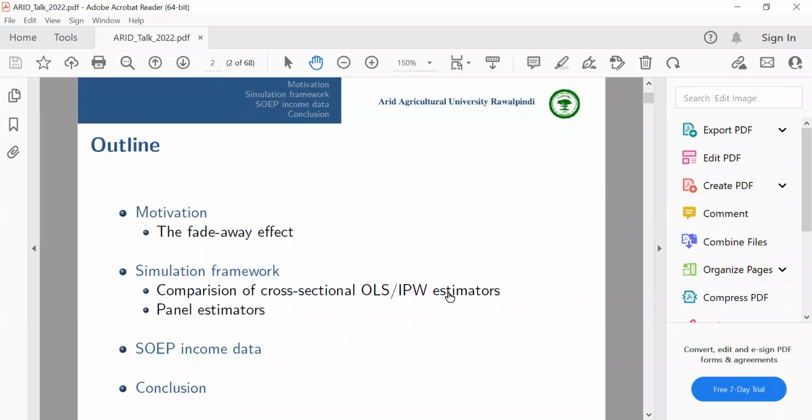The problem of non-response mainly arises due to refusal of the person to respond, and of course, there are many other reasons where the respondent does not respond accurately. There may be some sensitivity of the question, or they are not willing to cooperate in further parts of the survey. But in this presentation, we are mainly concerned with the problem of non-response in panel survey.